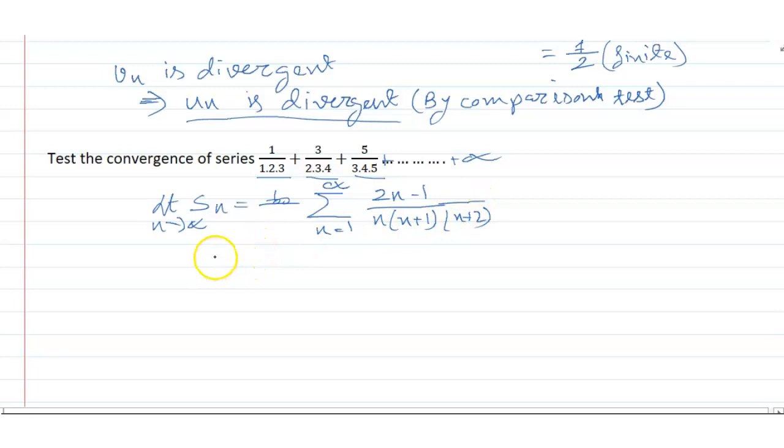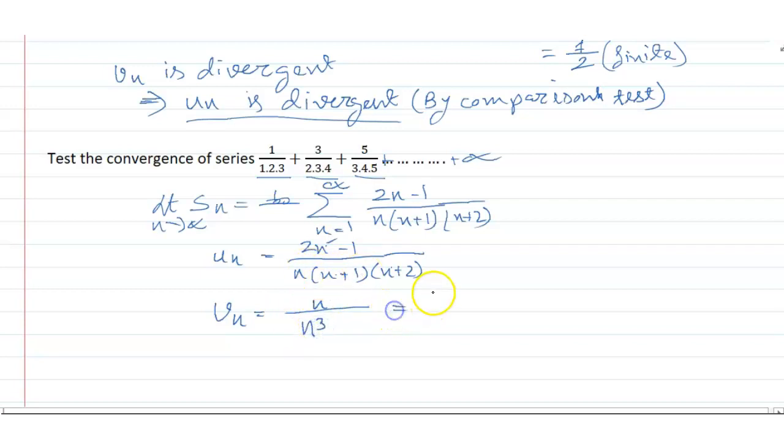Now friends, you see that un is equal to 2n minus 1 divided by n into n plus 1 into n plus 2. Now you will see the powers 1, 2, 3 and divide by 3, because vn I can choose this way. Vn equals n, this n and this n, 3n. So n cube means vn is equal to 1 by n square.